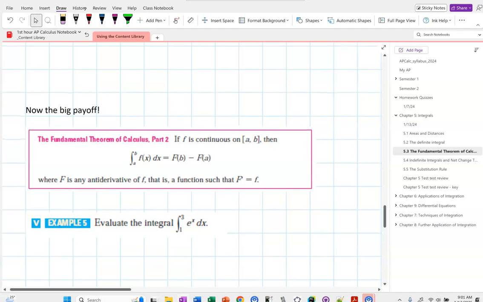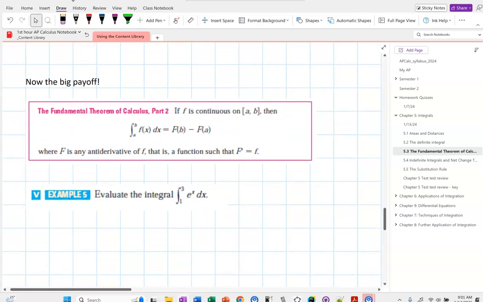All right. Now it's time for the big payoff here. This is the key idea that we've been building toward since 410. This is how the antiderivative connects to this idea of areas that we've been working on.